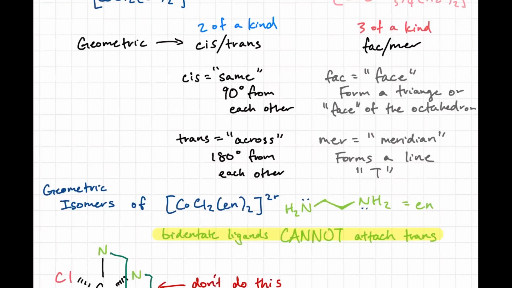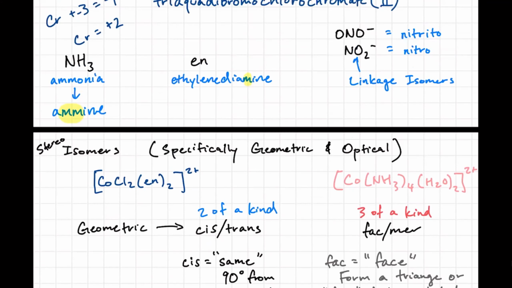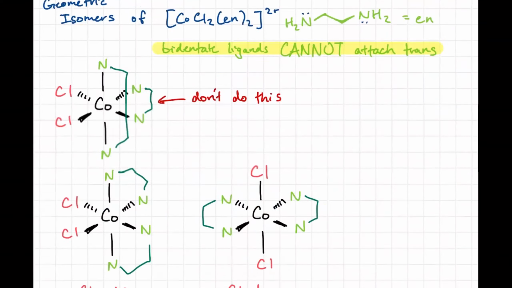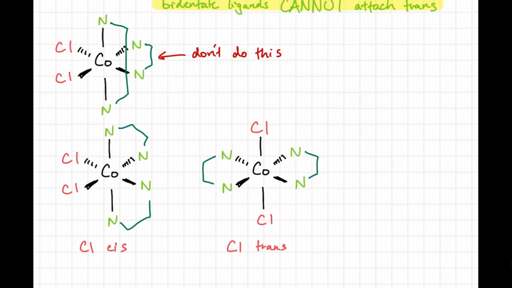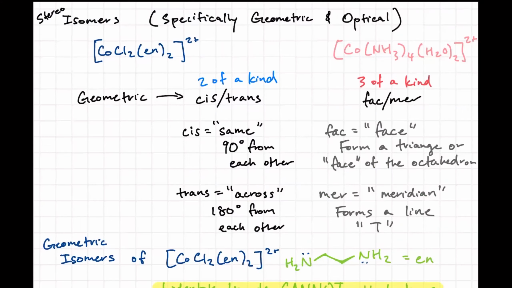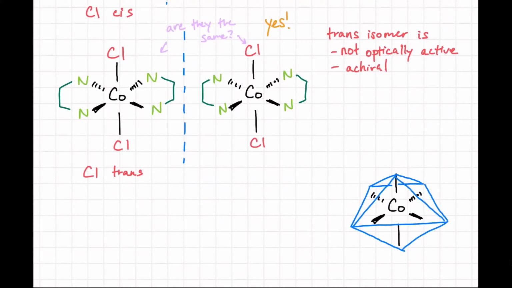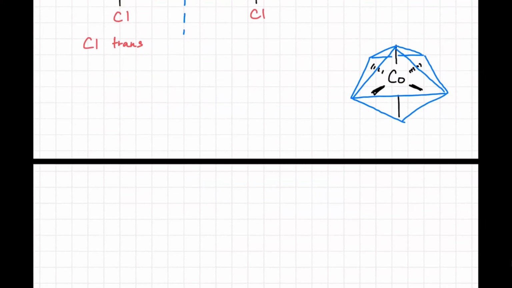Structural isomers are dealing with linkage, like linkage isomers kind of fall under that category, where the actual connectivity is different. So I'll write that down at the bottom here. I'll start a new page.